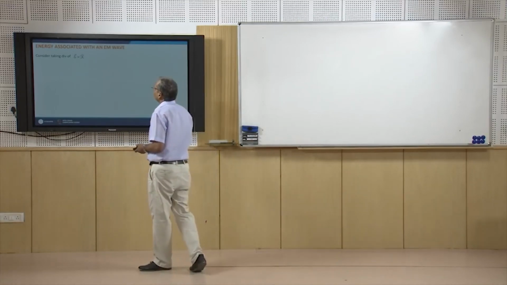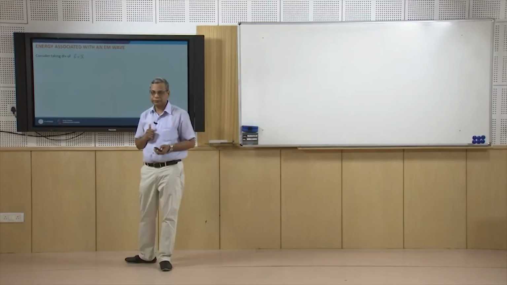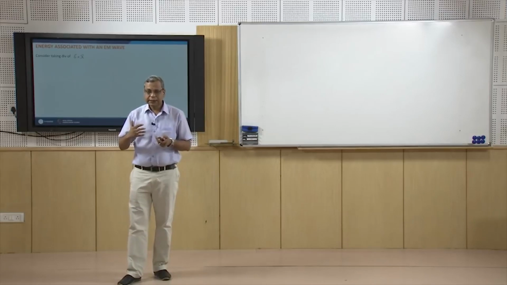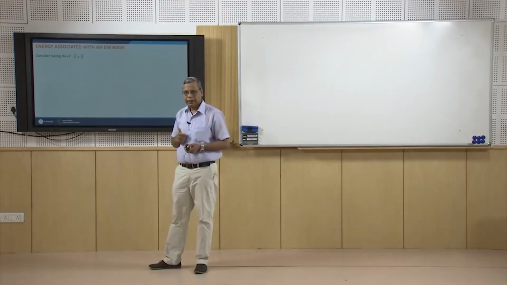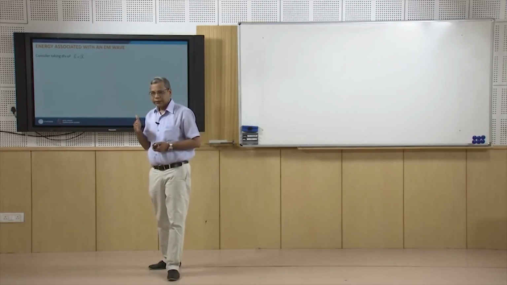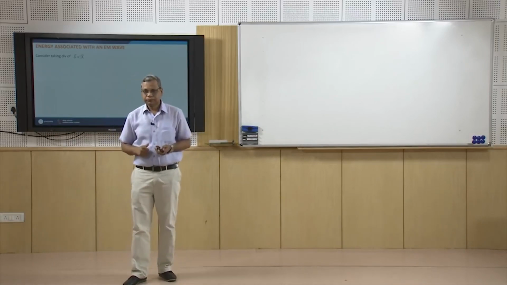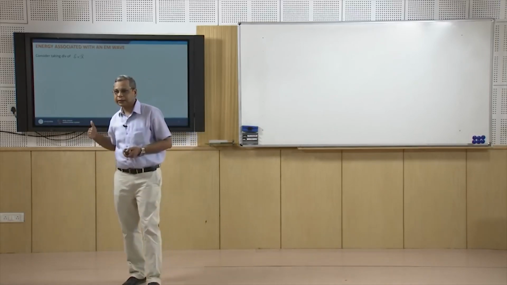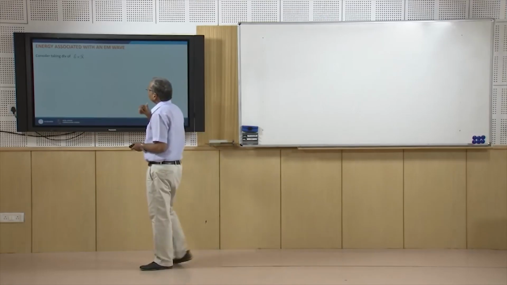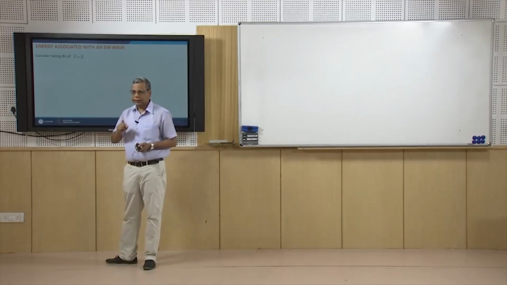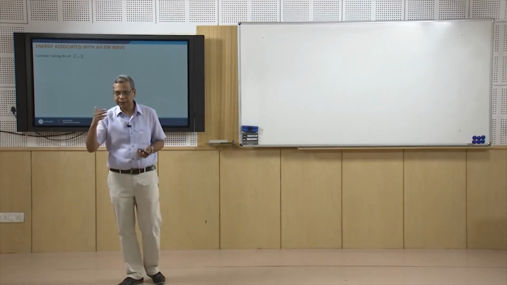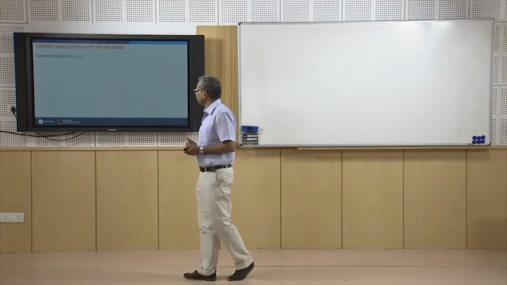Well, I want to find out the energy associated with an EM wave, and right now I am considering an isotropic medium, and in an isotropic medium the energy flows in the direction of the wave. The wave is propagating like this and energy also flows like this.